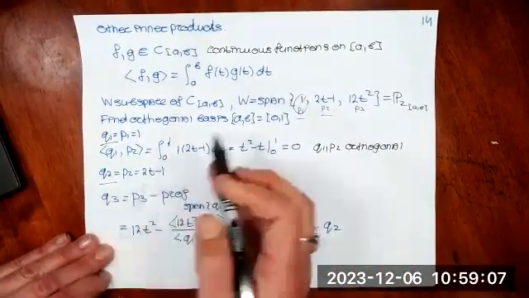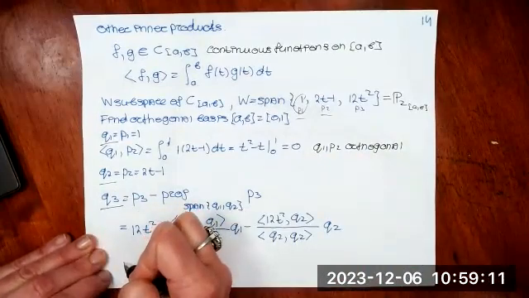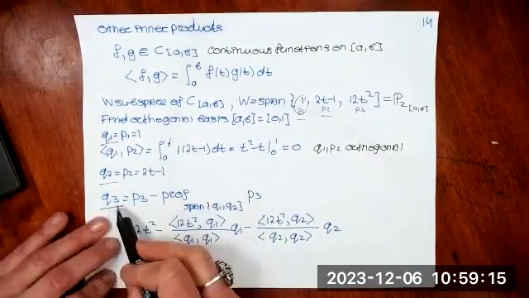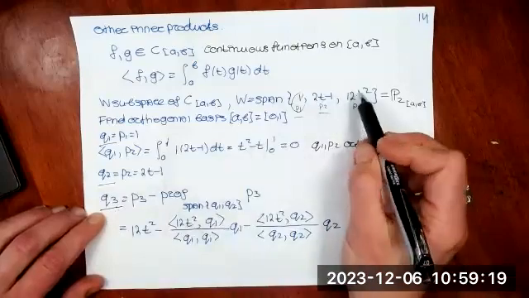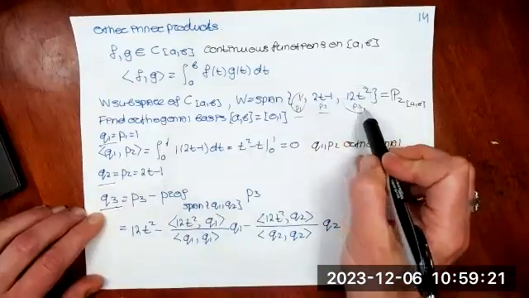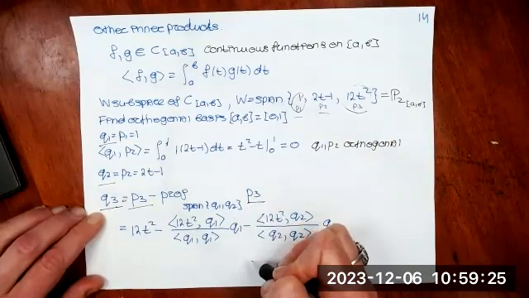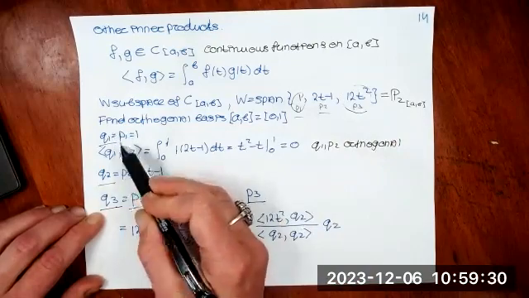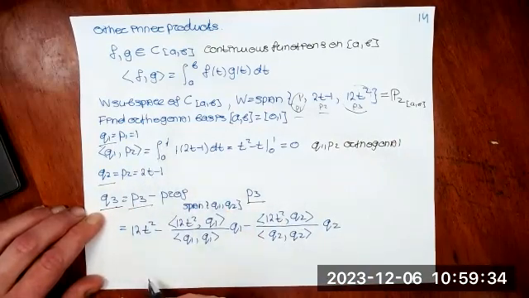And then for P3, this is not going to be orthogonal to P1 and P2. But for that, we're again using the same formulas. To get the third orthogonal vector, you take the third vector here and subtract the projection of that onto the subspace spanned by the previous two, the subspace spanned by 1 and 2t minus 1.